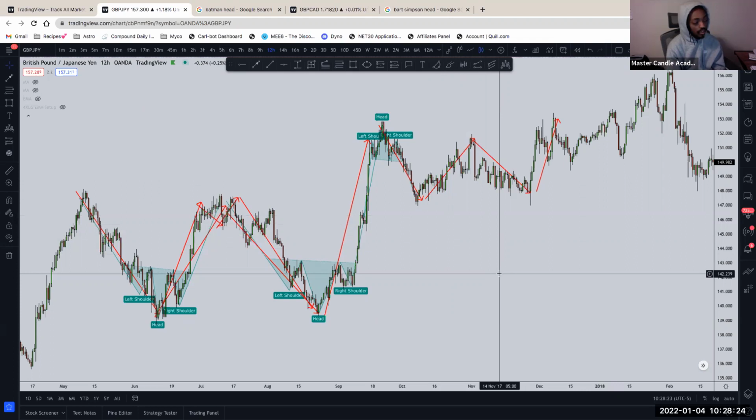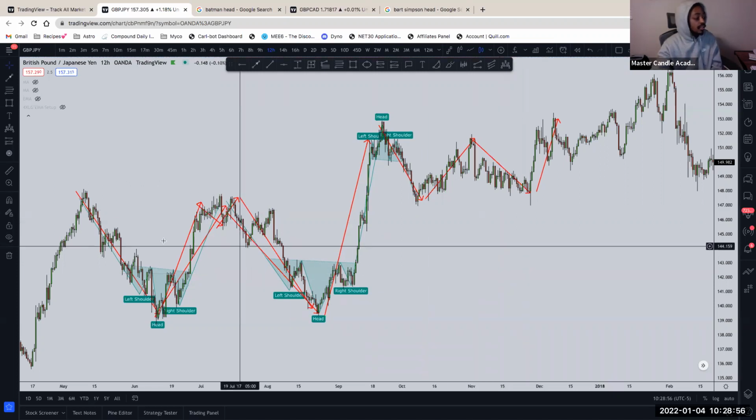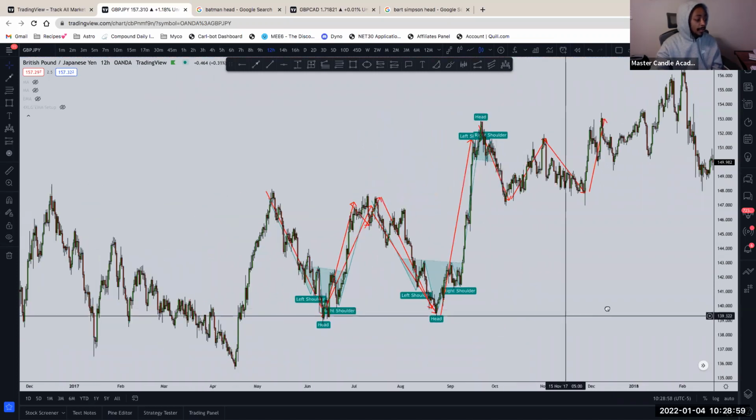One or two pairs, knowing when it's going to throw W's, when it's going to throw an M in your sleep, how often it gives you inside bars. Does GJ give me half Batmans or full Batmans? Do I see Uncle Jim more or Bart more? This is why it's important to understand market structure and all of the patterns in the market.